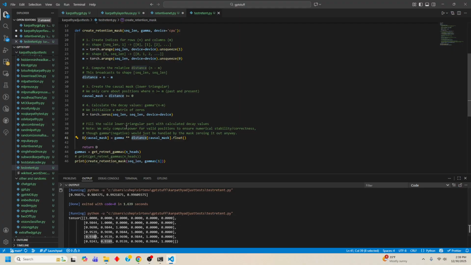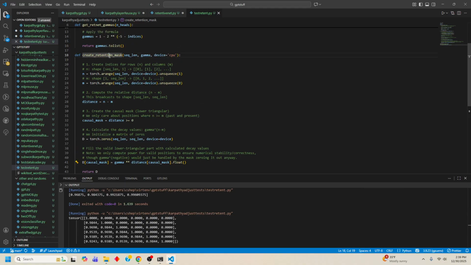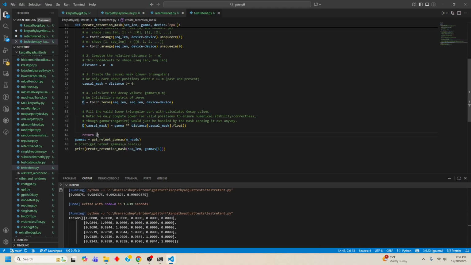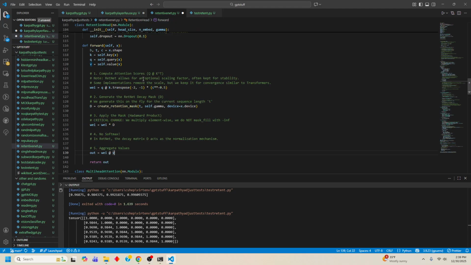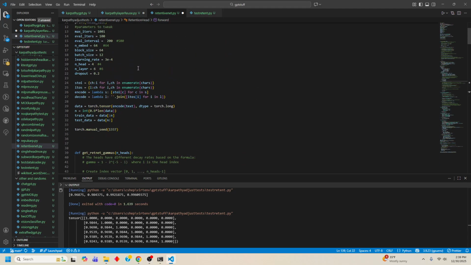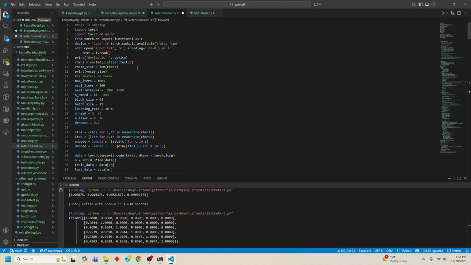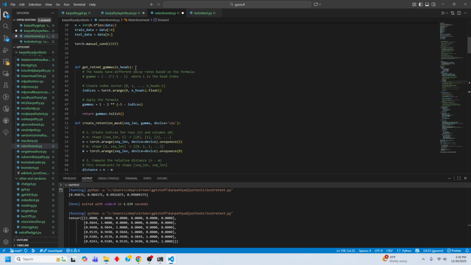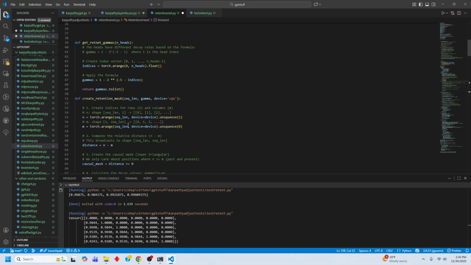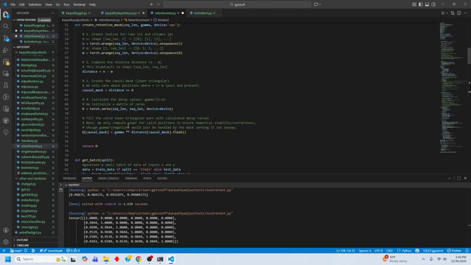Yeah, so that gets you this retention mask, which is this D. And then we'll go into the actual code of it. Those two same functions will be up here.